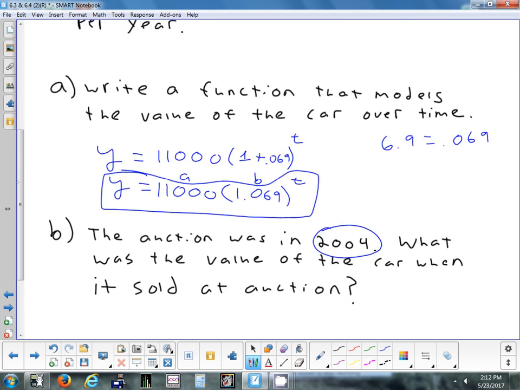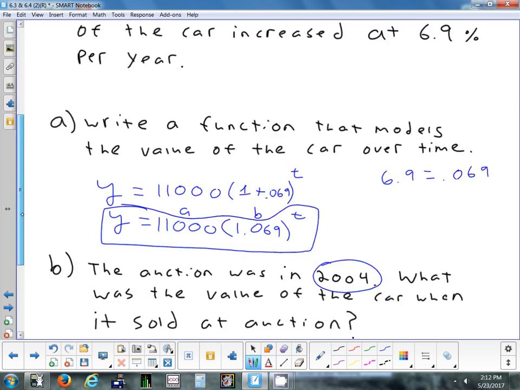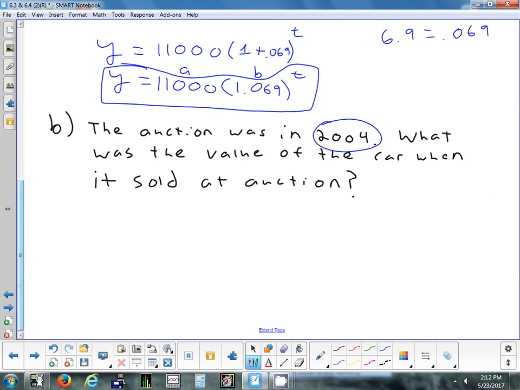So how do we figure out how many years have gone by? When was the car worth $11,000? What year was that? 1984. Okay, that's when the car had its original value. And now, the car is being sold in 2004. So how many years have gone by?